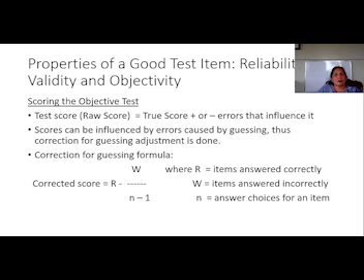So, correction has got to be done by formula. Correction can be done using the formula as you can see on the screen. Correction for guessing formula: corrected score equals R minus W over N minus 1, where R are the items answered correctly and W are items answered incorrectly.